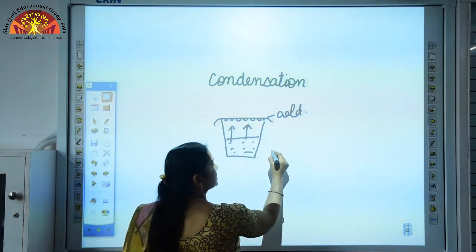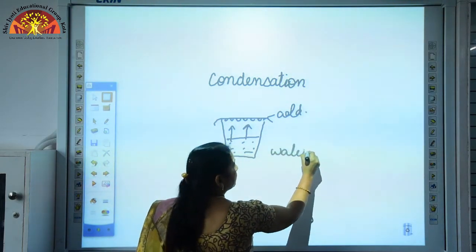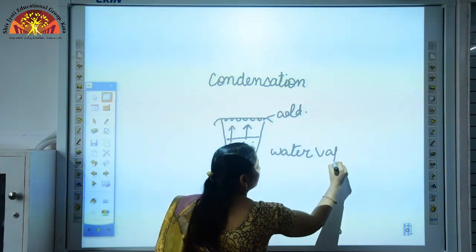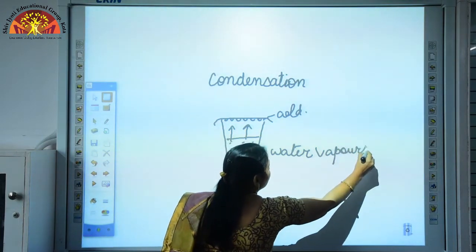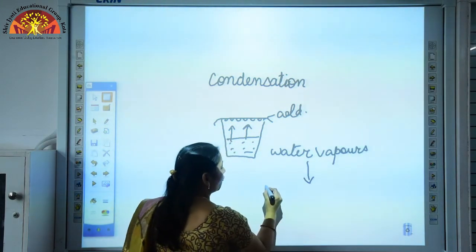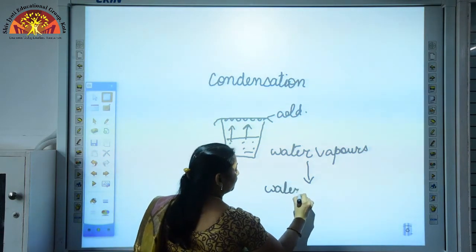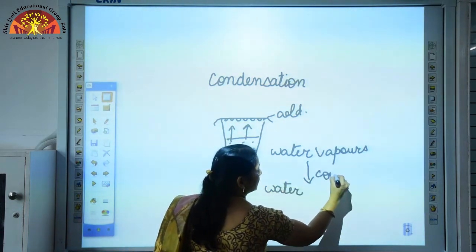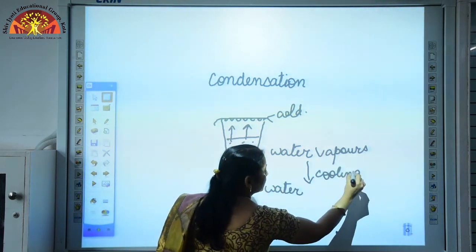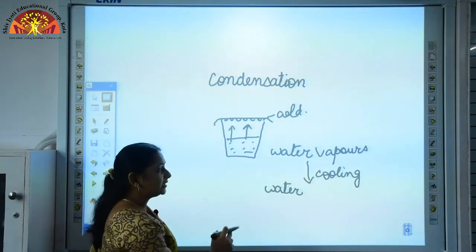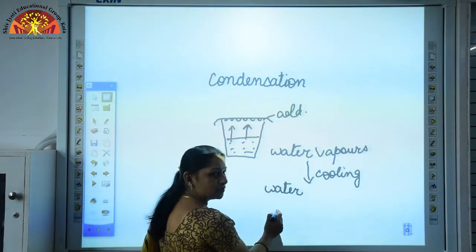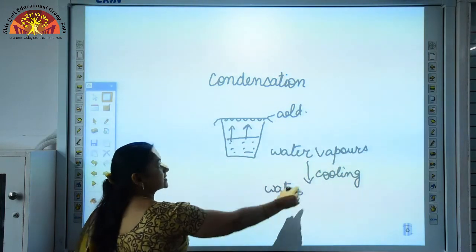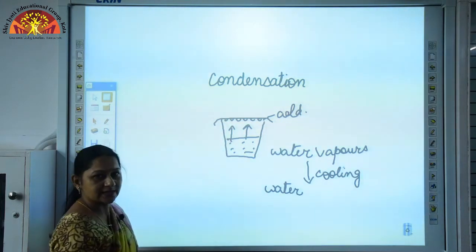This process, when water vapors turn into water on cooling, is an important condition here. On cooling, these water vapors convert into water, and this process is known as condensation.